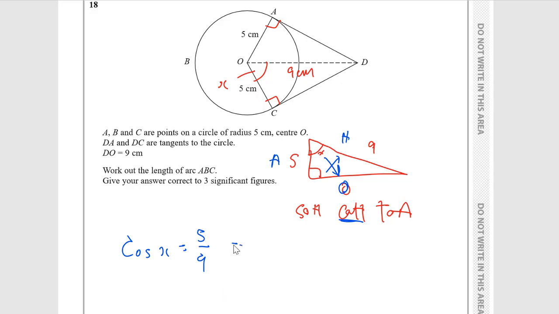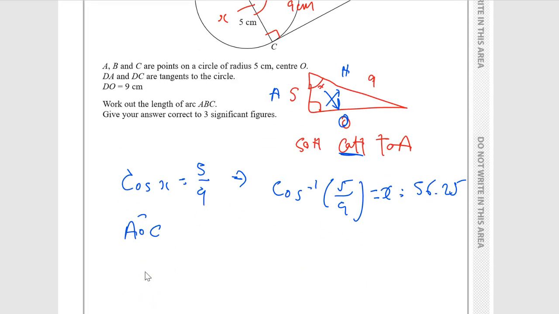So therefore cos inverse 5/9 equals x, which is 56.25. So the angle AOC is going to be twice that, so 2 times 56.25, which gives us 112.50.